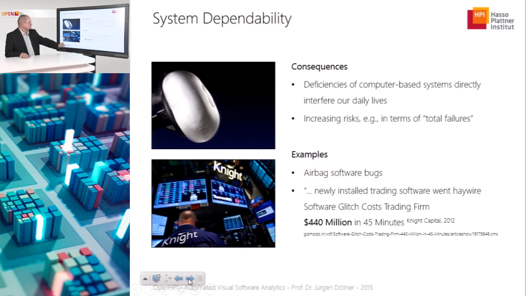Newly installed trading software is another example, where a software glitch caused a trading firm a large damage in a short time frame. So this shows how we already depend on these systems and that system dependability becomes a major issue.